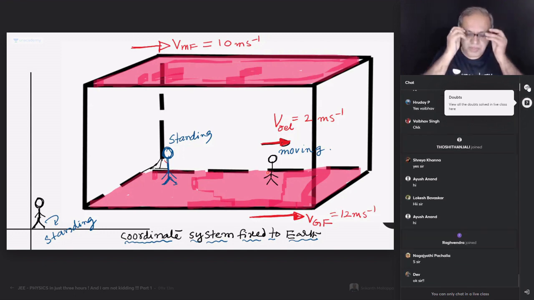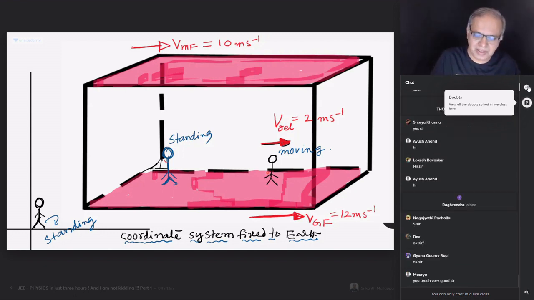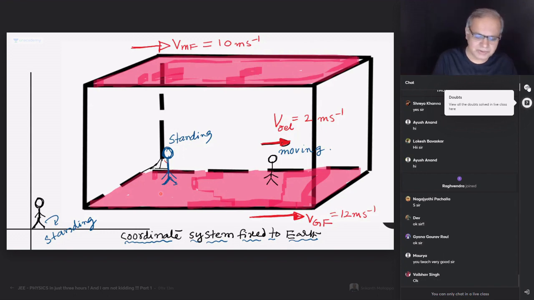Okay, now look at this. Here, I've given one boxcar. You may put wheels if you want, or I can say there's a reference frame fixed to some moving body. There's a person standing here. There's a person standing here. All right. And there's another person standing here. These two are the observers. Observer 1, observer 2.